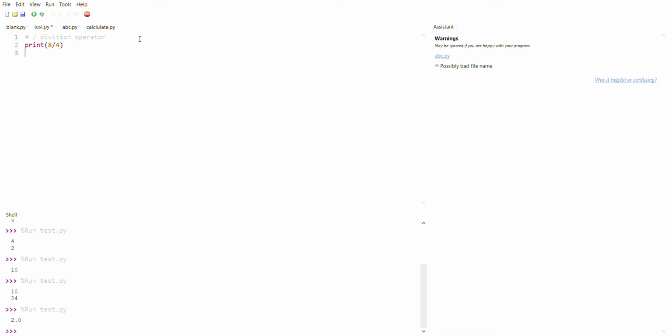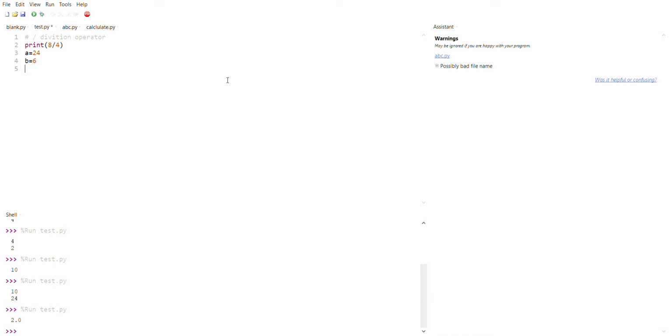Now let's try to assign values to this. A is equal to 24 and B is equal to 6.